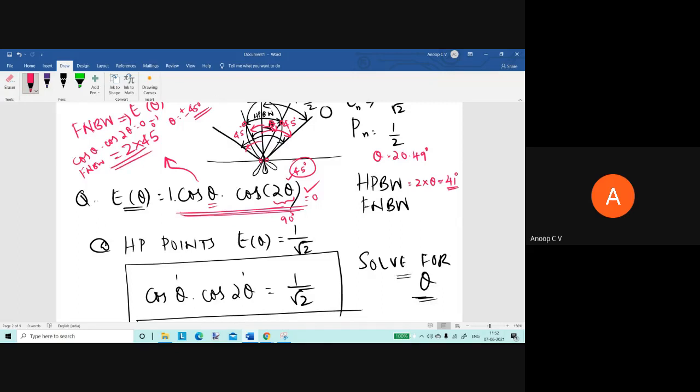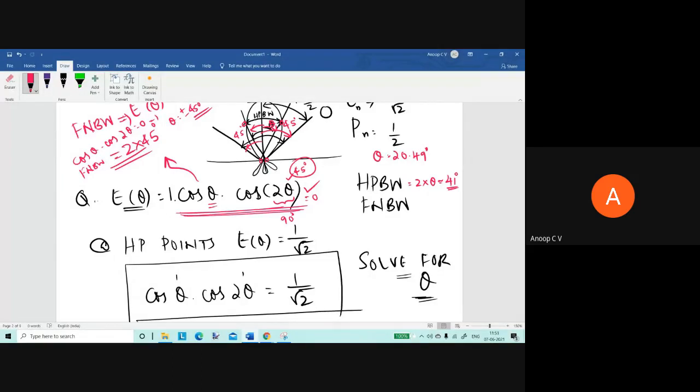I'm not writing detailed steps, but I'm expecting you to write them. If you have any doubt, please ask. What you should write is: at half power points, E theta is 1 by root 2, so theta is this. And at first null, cos theta into cos 2 theta is 0, so theta should be equal to this. The first null beam width is twice that.